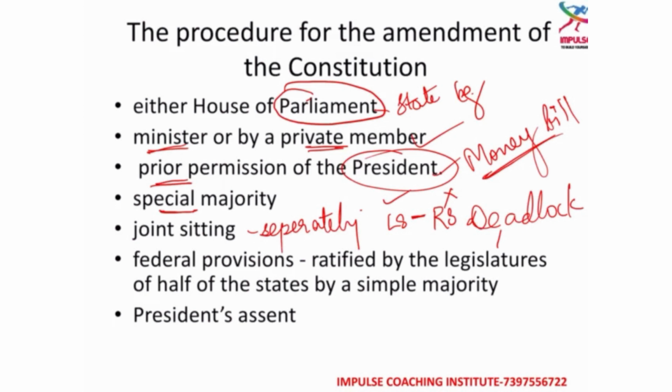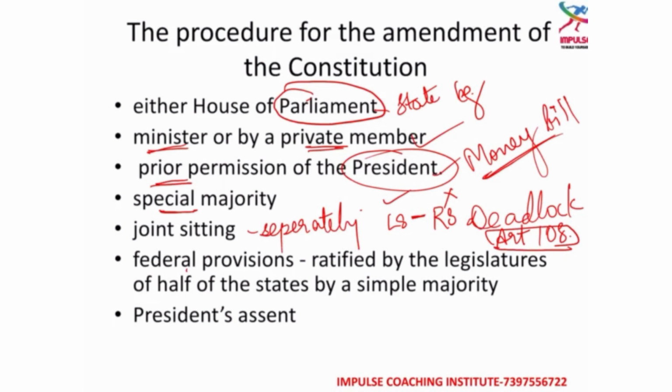For an ordinary bill, in case of a deadlock, there can be a joint sitting, which is given in Article 108. But with regard to a Constitutional Amendment Bill, there is no provision for joint sitting. So the bill has to be passed separately.